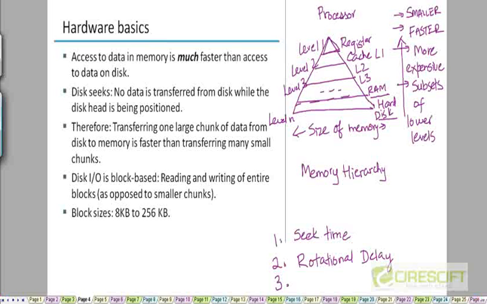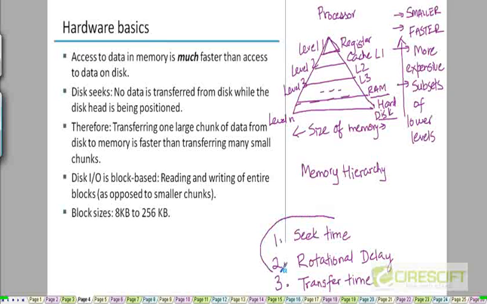And then once the disk head is on the right track, there will be a further rotational delay before the starting point of the data on the track rotates and finally reaches a spot that is directly under the head. So there will be some rotational delay there. And then it takes some time for the disk head to read the data that is moving under it and transferring it to main memory.